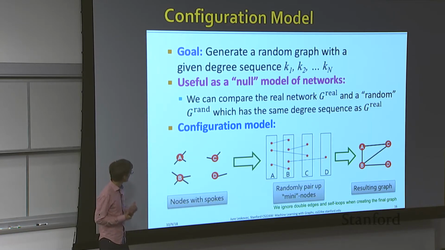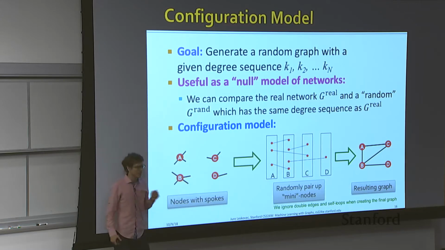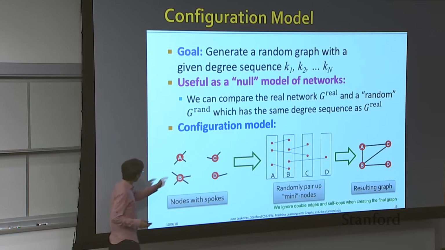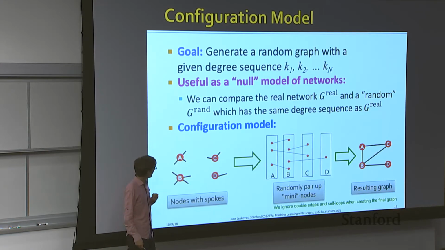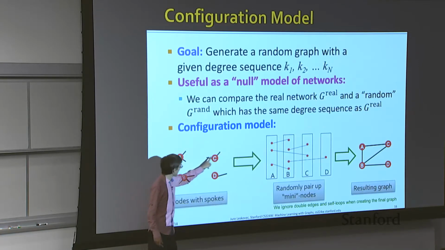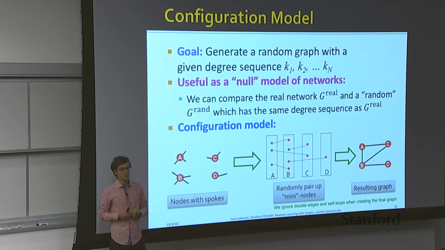Essentially what we will do is we will think that we have the nodes and each node has a given degree. And we will think that these nodes have these degrees in that they have these spokes, these half edges. And all we have to do now is connect these half edges with each other to get a random graph.